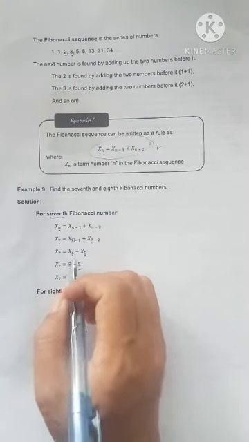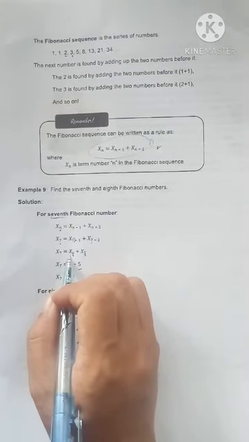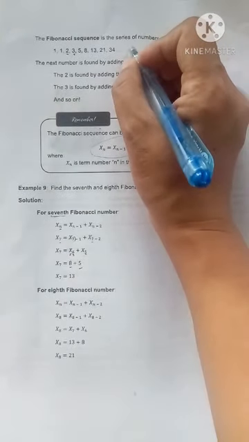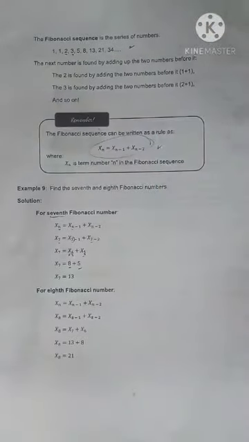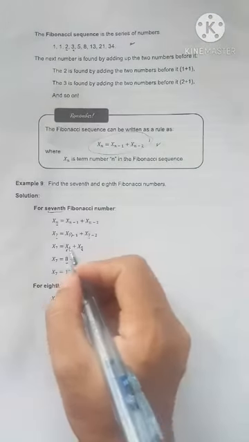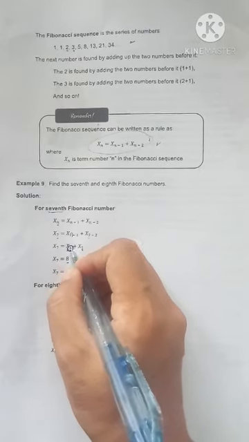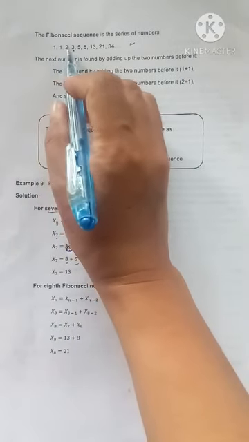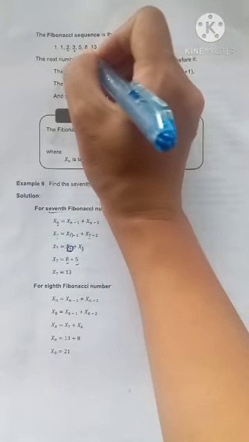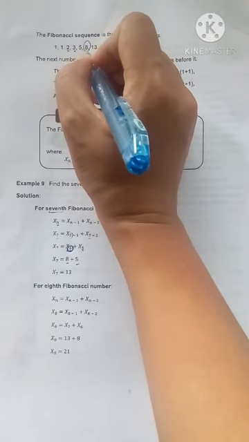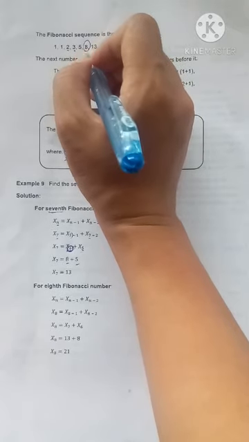Okay, so we have here the x of 6. We will go back here to our sequence. Where is the 6th number in our Fibonacci sequence? So we have 1, 2, 3, 4, 5, 6. This is the 6th number in the Fibonacci sequence.